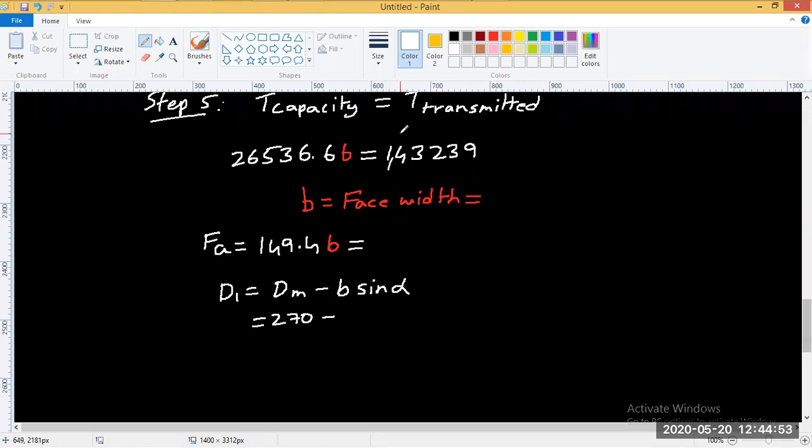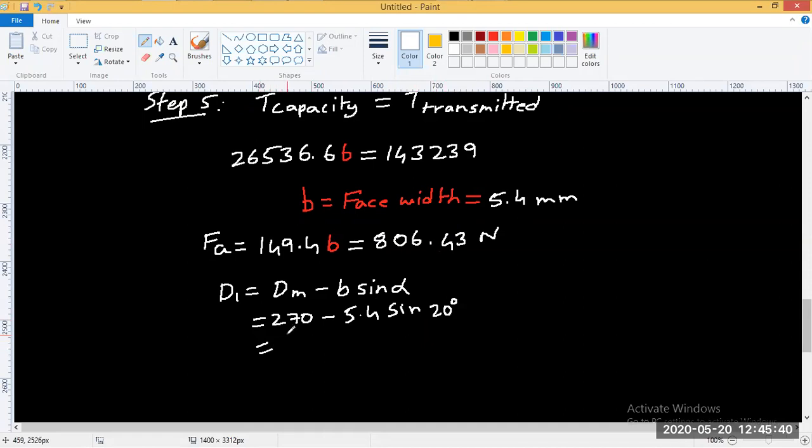So I'm getting face width as 5.4 mm. Let's use the same thing. So 5.4 into 149.4 gives the axial force required to engage this particular clutch, 806.43 newtons.